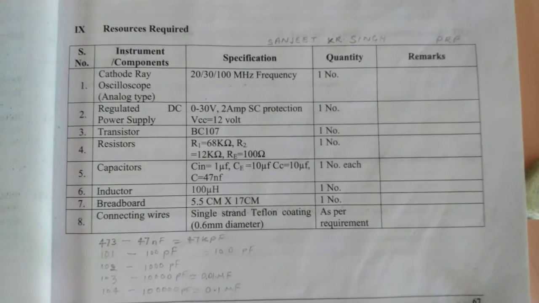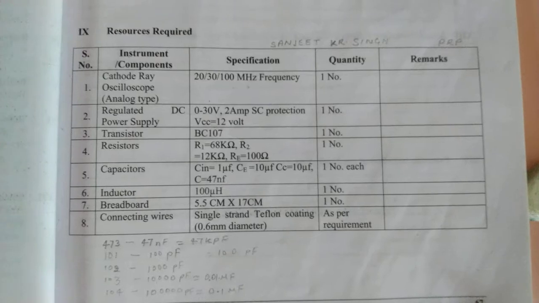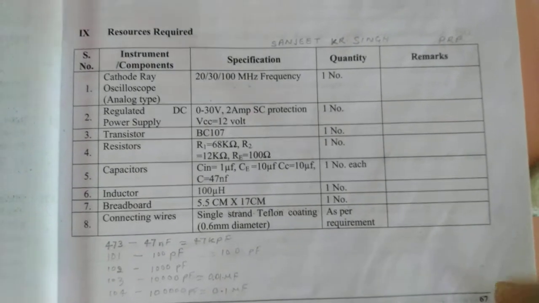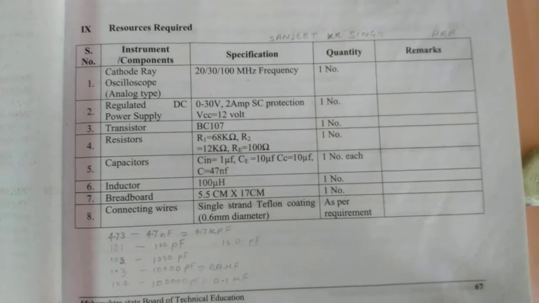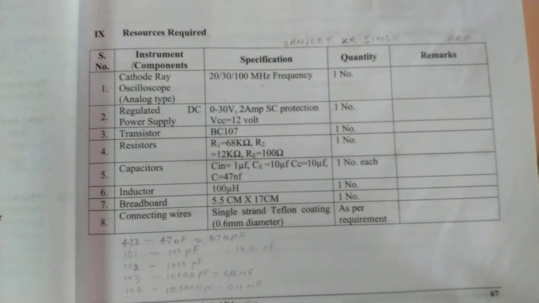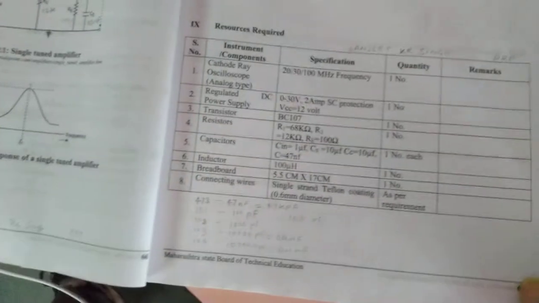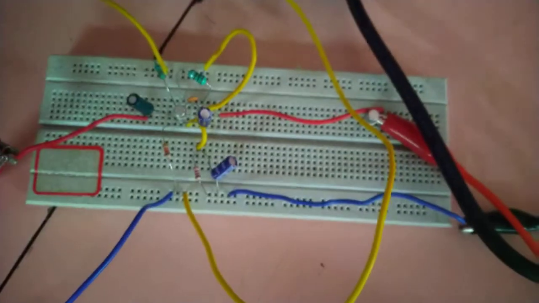Transistor we have used BC107. Resistors and capacitors are used as per given. Inductor we have used 100 microhenry. This circuit is mounted, components are taken and mounted here.